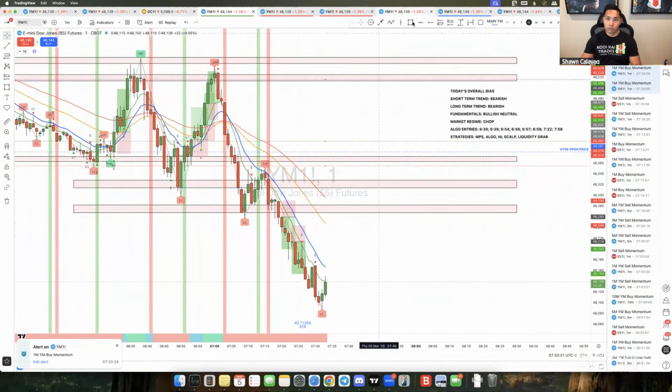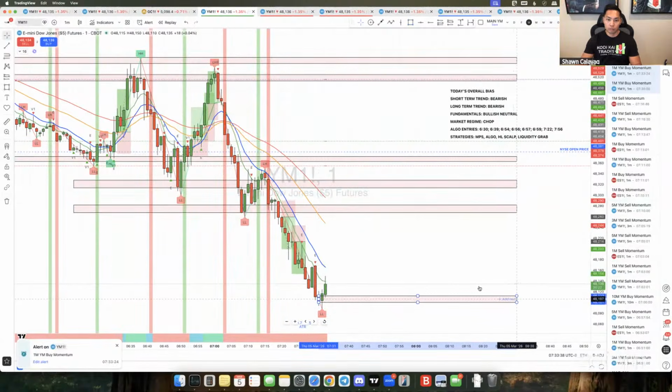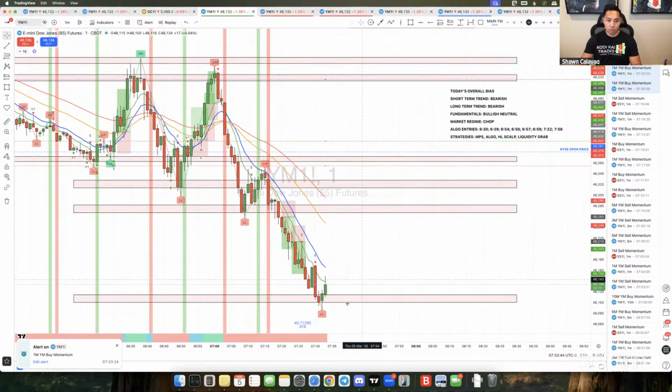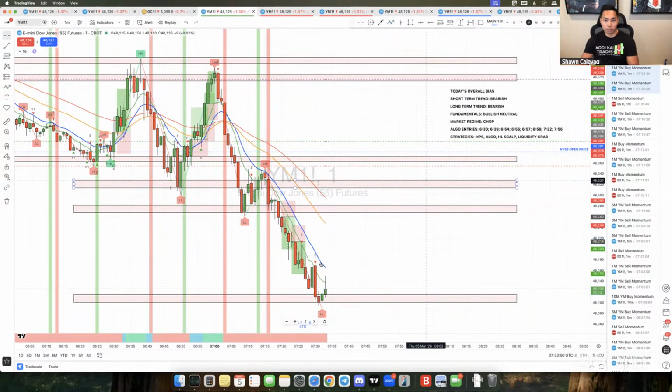So we got some structure right there. We got a support level right here. Okay, so this could be the reversal we've been waiting for, guys. We have a lower low right here with the green candle. We'll see if this starts to climb up. If it does climb up, there's a ton of liquidity sitting over here, right? We got all of these levels here for price to come up and grab.